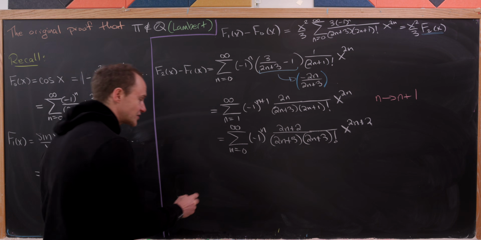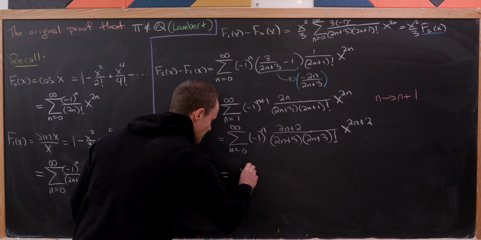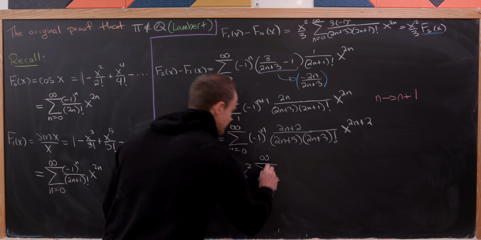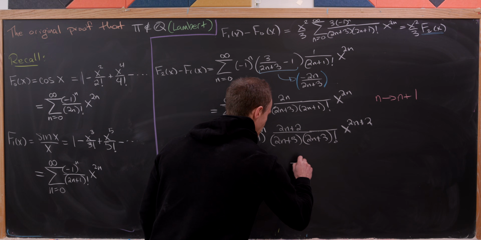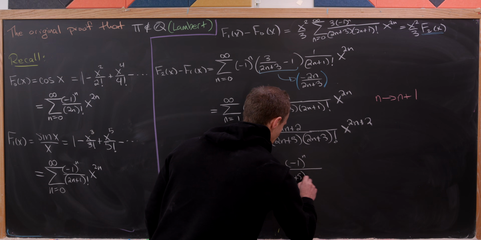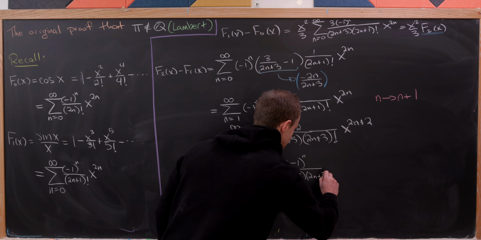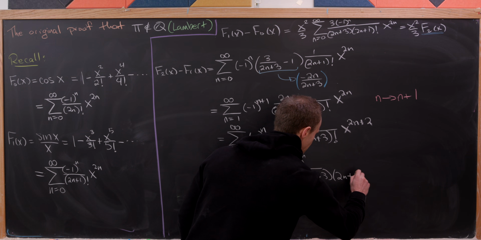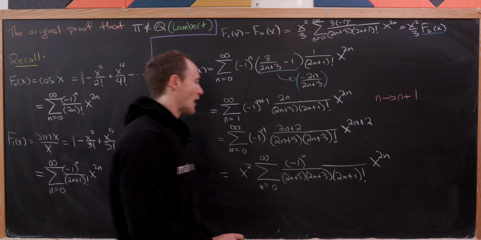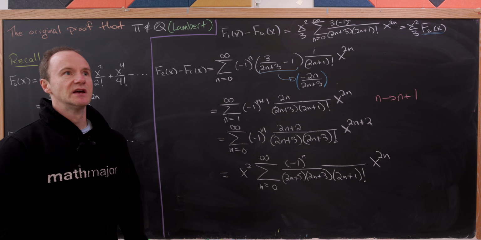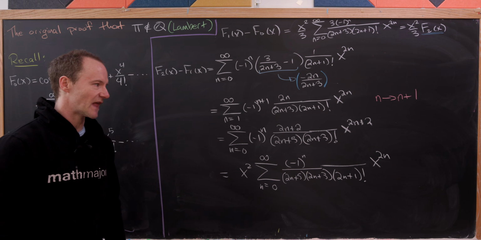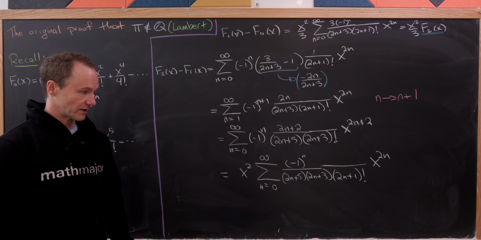Now I'm going to factor out an x squared just like I did before. And I'll be left with the sum as n goes from 0 to infinity of minus 1 to the n over 2n plus 5 times 2n plus 3 times 2n plus 1 factorial, all times x to the 2n, where I'm doing that same simplification that I did in my previous calculation: this 2n plus 2 will cancel down that 2n plus 3.